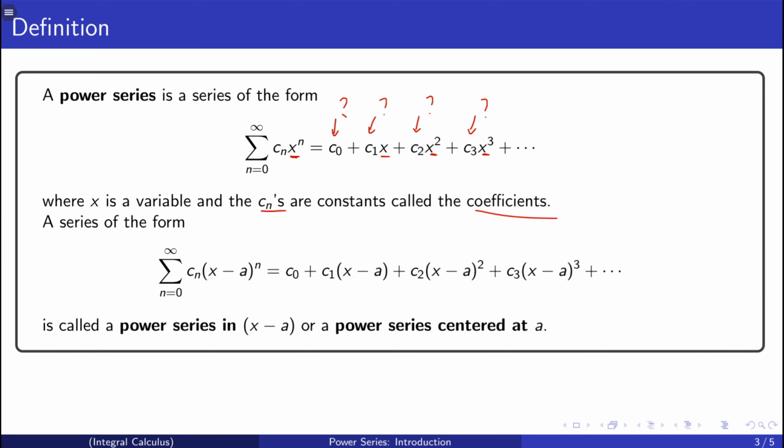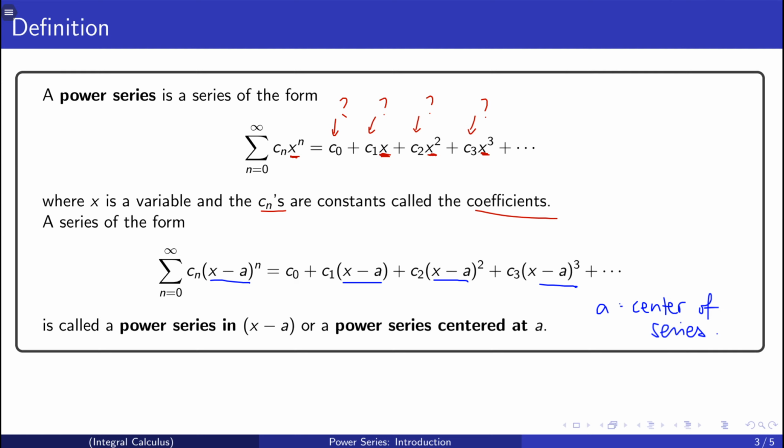Now, that was an example of a power series centered at 0, where you had the infinite polynomial, or this power series, where all the terms were just powers of x. We can generalize this to having x minus a for each term instead. And we're going to call that a power series centered at a. So a is called the center of the series.